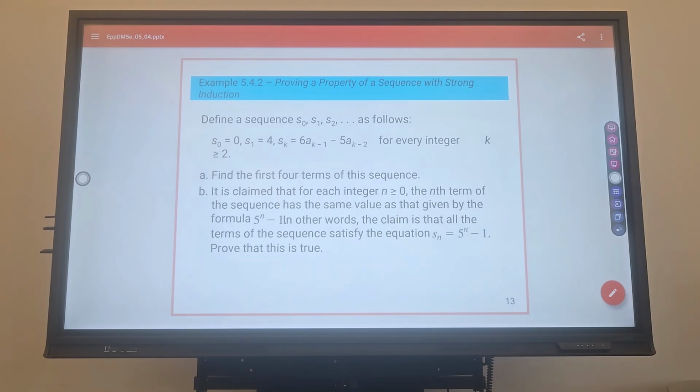It is claimed that for each integer n greater than or equal to 0, the nth term of the sequence has the same value as that given by the formula 5 to the n minus 1. In other words, the claim is that all the terms of the sequence satisfy the equation S sub n equals 5 to the n minus 1.